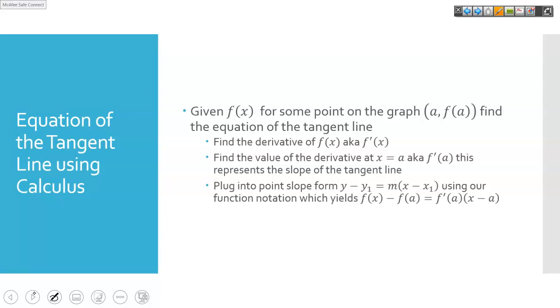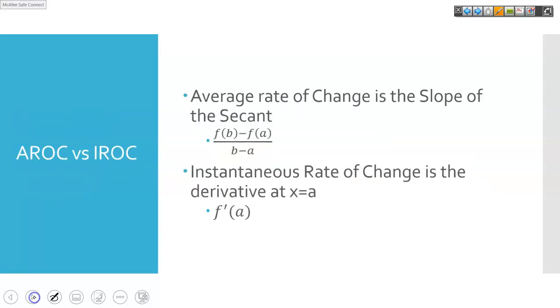If you're given f of x at some point, then if you want to find the equation of tangent line, you have to find your derivative at f of a, and then plug in the point slope for it. Again, hinted at that earlier with that 6x squared problem. So these are really like the practice problems we're going to do.